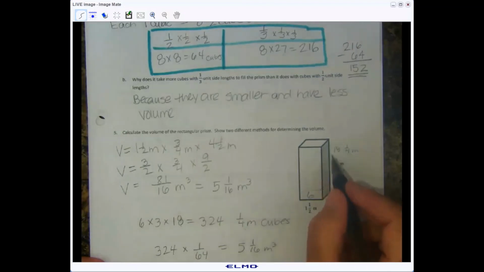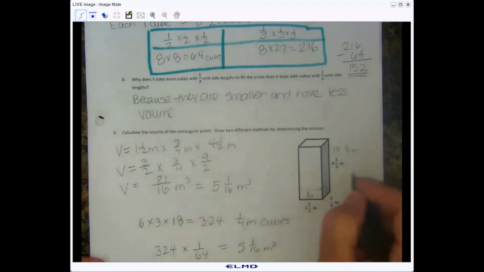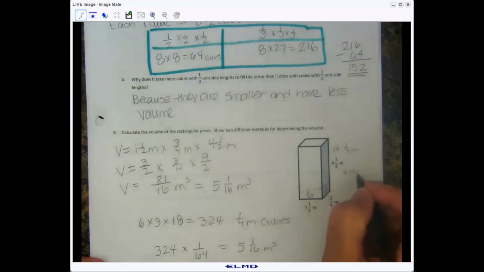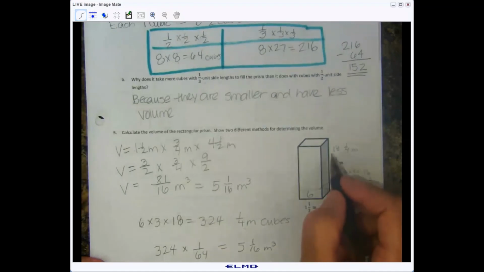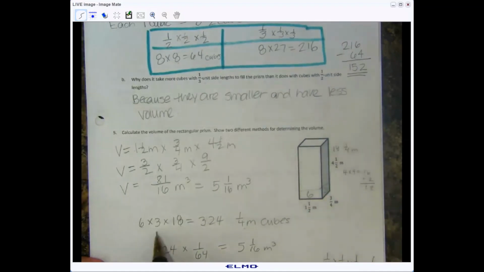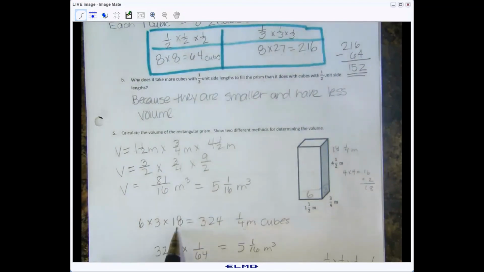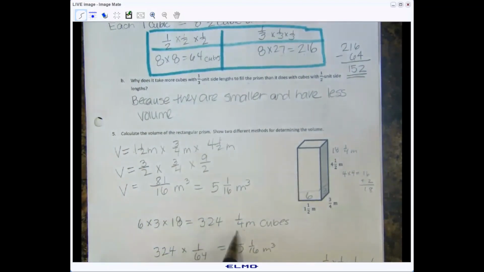Now, how many layers would I need? There are 4 inches, and I'm doing 1/4 inches, so that's 16. And then there are 2/4 in 1/2, so that's how I got my 18. So I could just multiply 6 by 3 by 18 and know that that's 324 quarter-inch cubes.